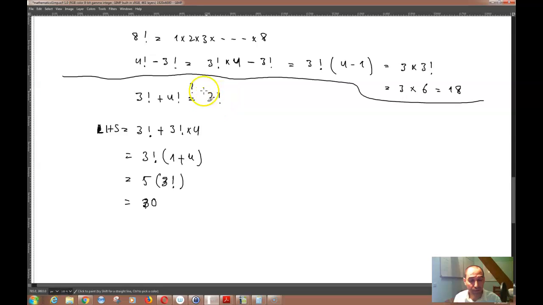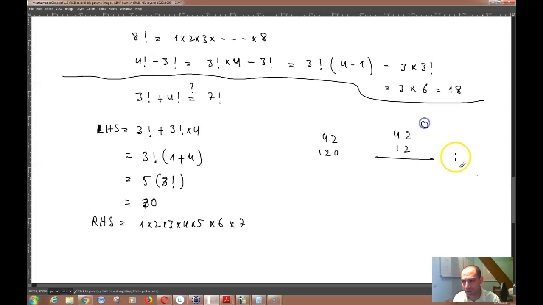Now 7 factorial is, of course, much larger than 30. So your RHS is basically 1 times 2 times 3 times 4 times 5 times 6 times 7. That's equal to 42 times 120, so I can write that as 42 times 12 with a 0.